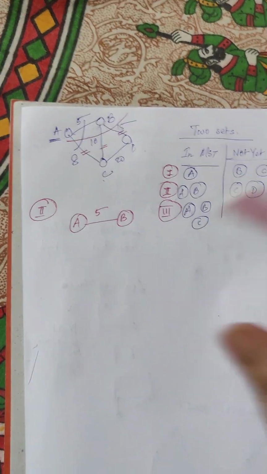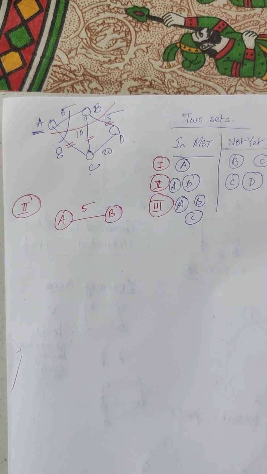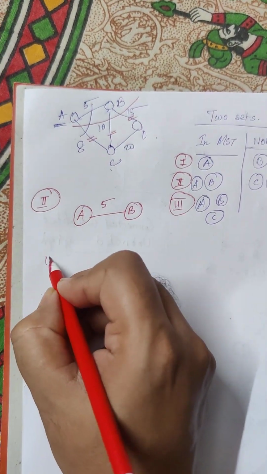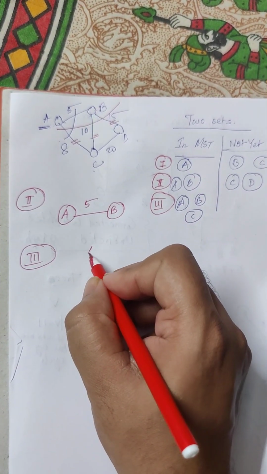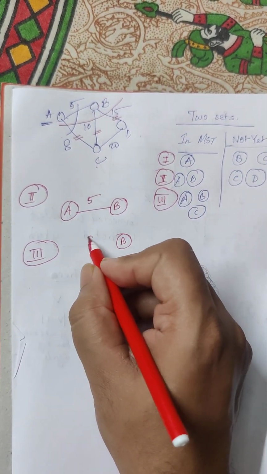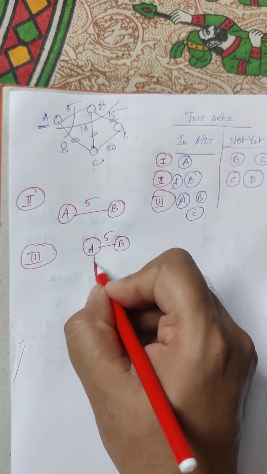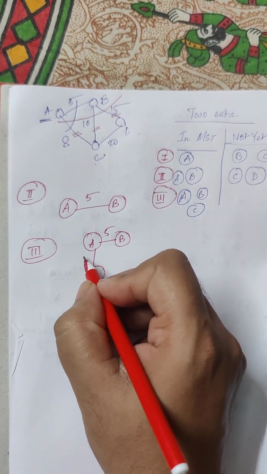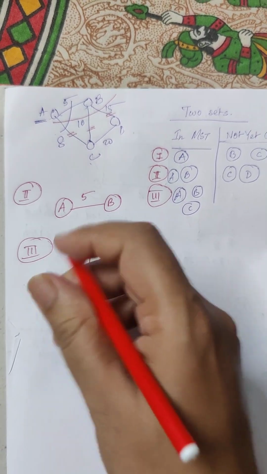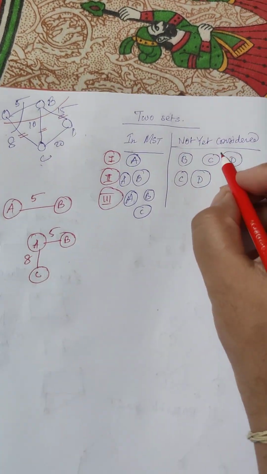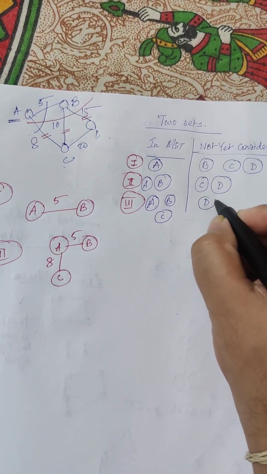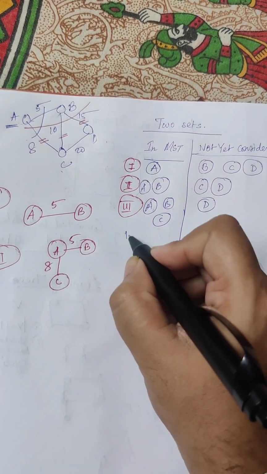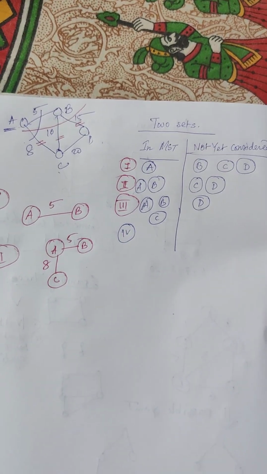If we draw step 3, how will it look exactly? You have A, you get B with weight 5, and you have C with weight 8. That is what happens after step 3, and you are left with D. Step number 4 is the last step.